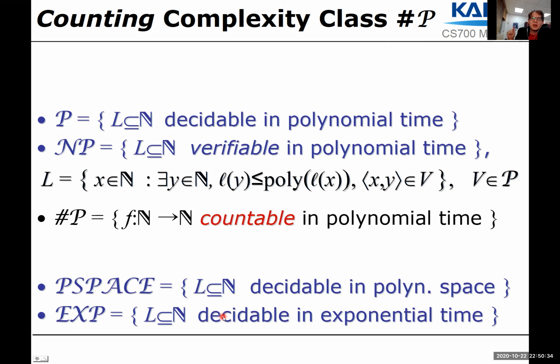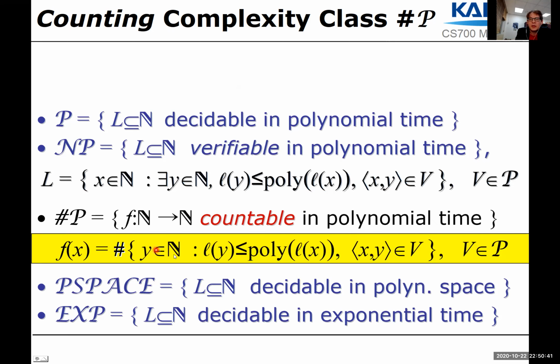Instead, here, the input is a natural number and the output is another natural number, namely, the cardinality, the number of witnesses to this input x. So how many such witnesses y are there whose length is bounded polynomially in the length of the input, such that this pair witnesses that x belongs to the set.